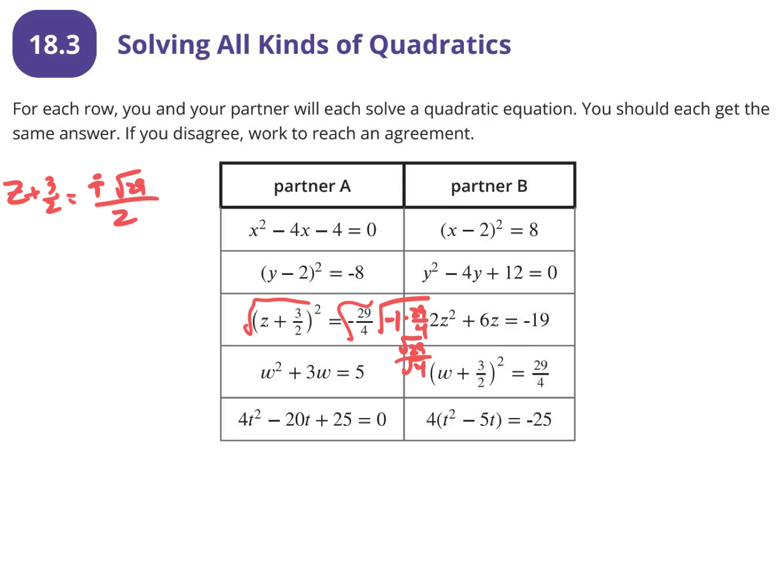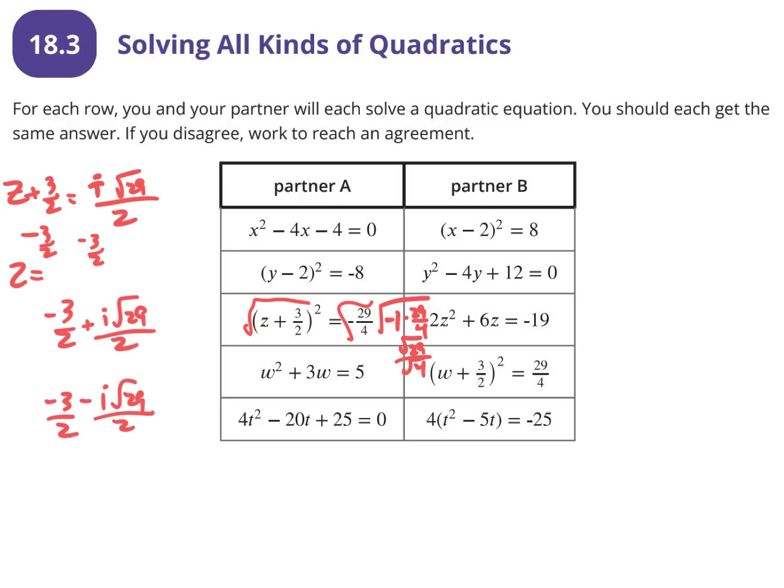So z is equal, I subtract 3 halves from both sides. I get z is equal to negative 3 over 2 plus i root 29 over 2 and negative 3 minus i root 29, and they're both over 2.